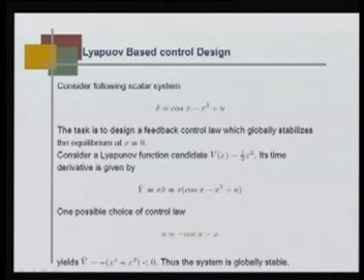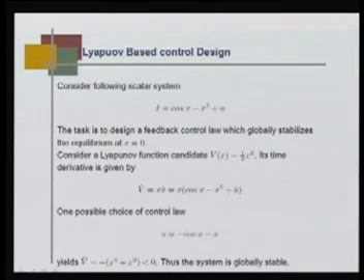Consider a Lyapunov function candidate V x, which is half x square, because x is the only state. Its time derivative V dot is x x dot, and x dot is cos x minus x cube plus u.